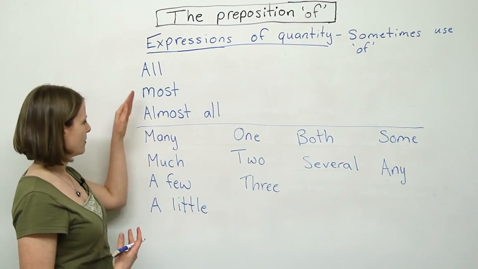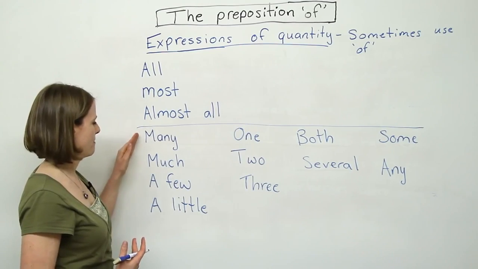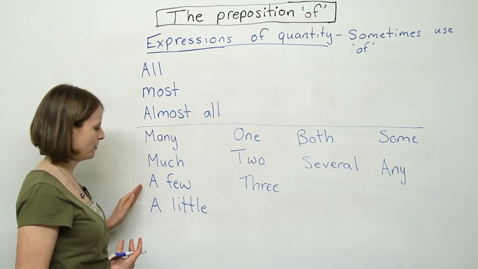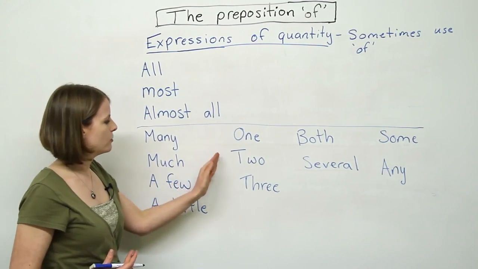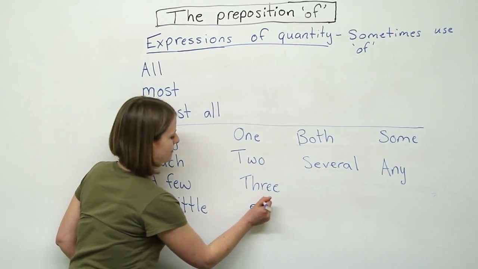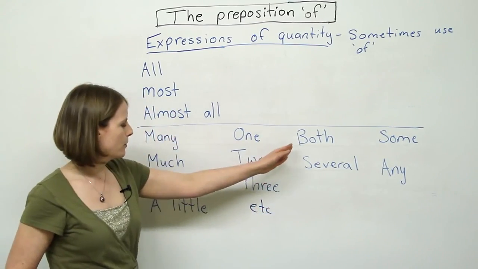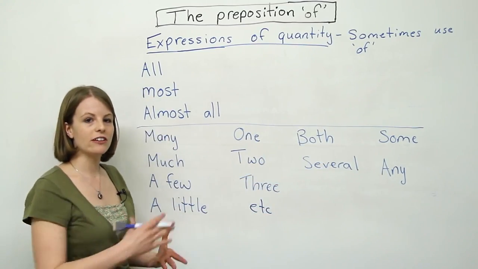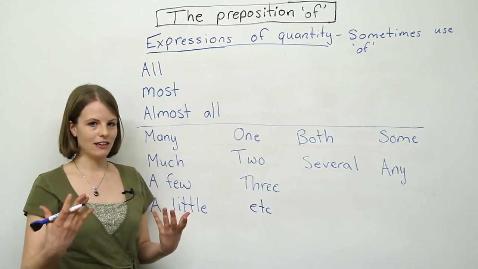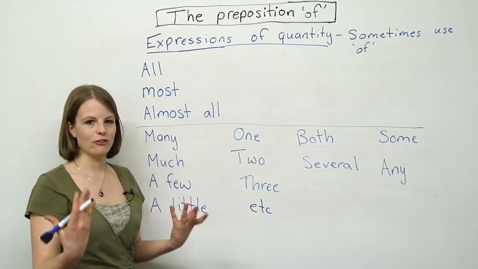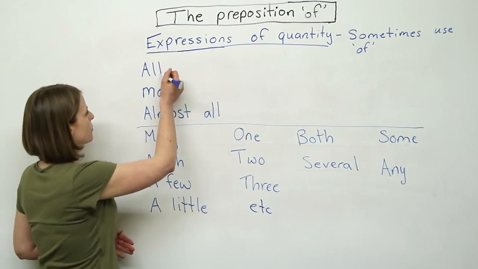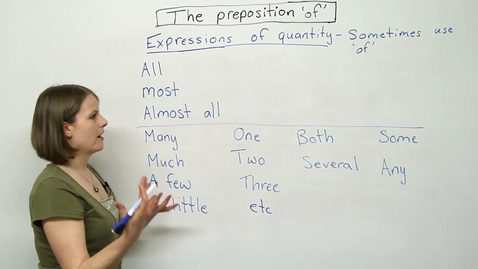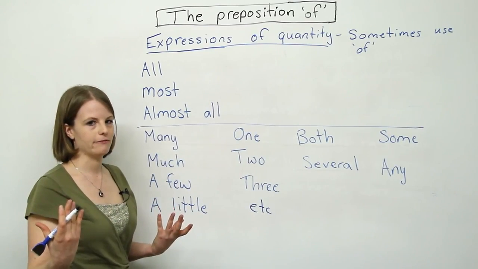So we have all, most, almost all, many, much, a few, a little, 1, 2, 3, etc. Both, several, some, and any. Now, it would take too long to cover all of these, so I want you to think about what I'm going to say. It applies to all of them. So, when do we use of and when do we not use of?